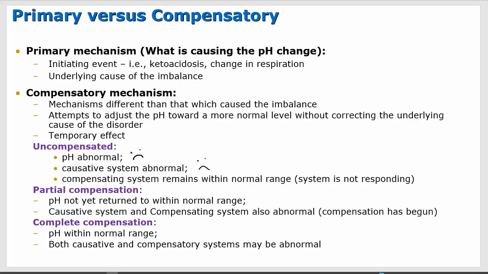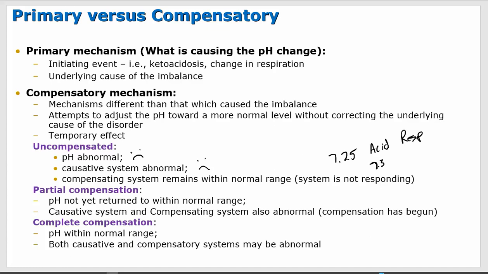All right, so partial compensation. My pH was 7.25, so I'm acidic. I can't breathe, so it's respiratory. Now we're in partial compensation. My pH is maybe now 7.3, or it's still 7.25, whatever.